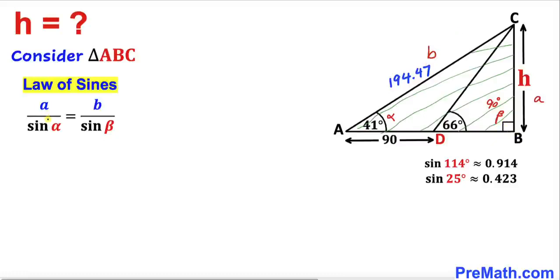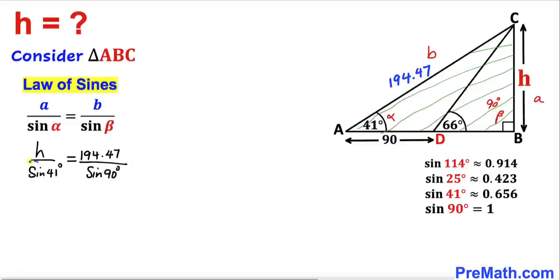Let's go ahead and fill in the blanks in this formula. So a in our case is h divided by sine of 41 degrees equal to b, which is 194.47, divided by sine of 90 degrees.